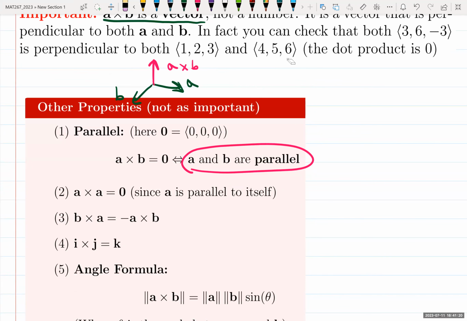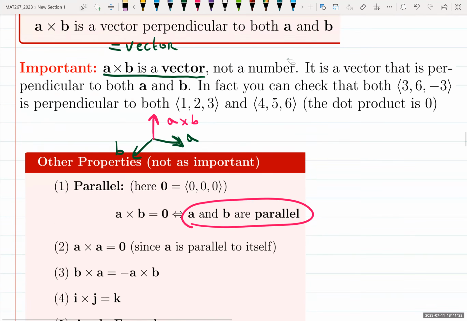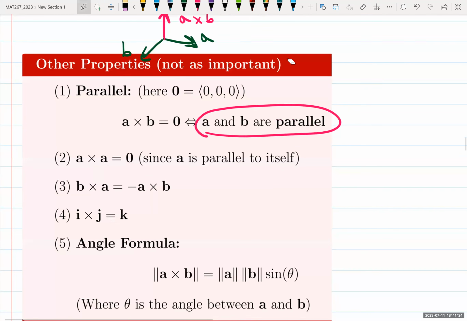Again, it's reversing the idea of the previous dot product. A times A is 0. Guess why? Because A is parallel to itself. If you want to reverse the order, change the sign. I, J, K give each other because they're all perpendicular to each other. So one of them, I, J, K, is always the cross product of two others.